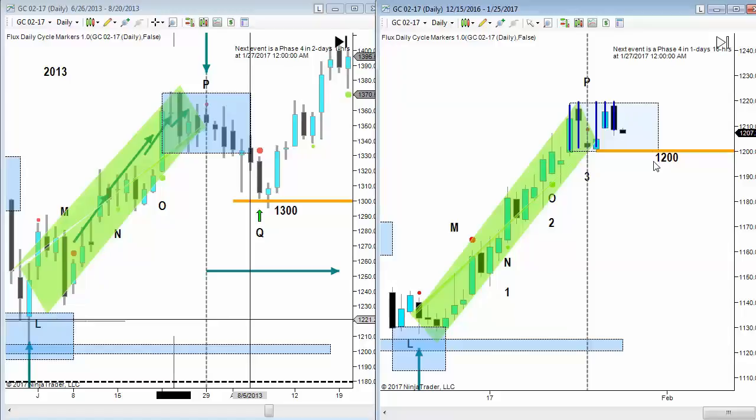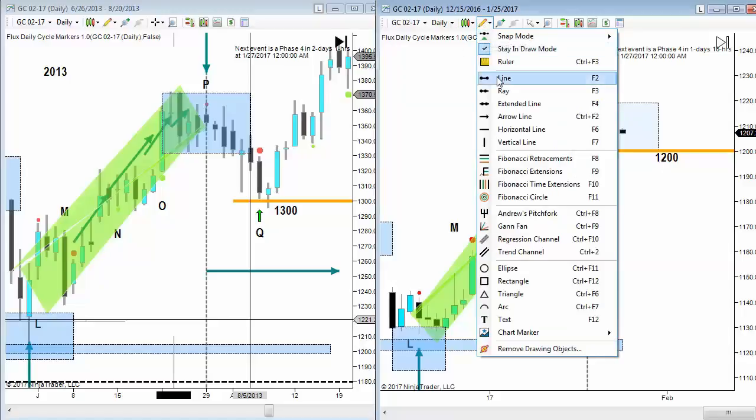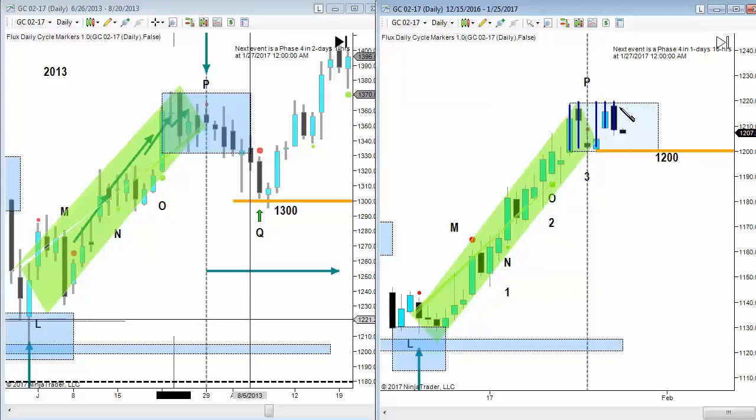And so now what we might assume is that there'll be this drop down into 1200 where an opportunity exists.